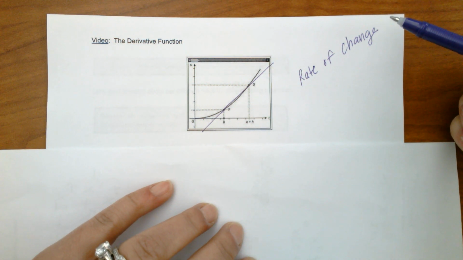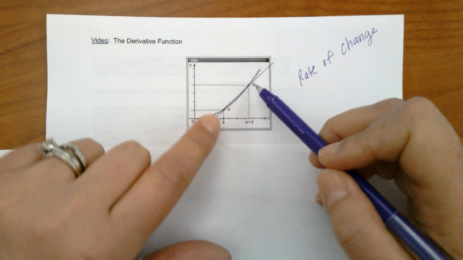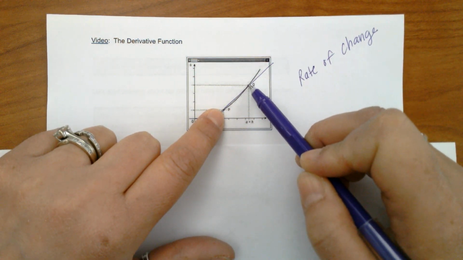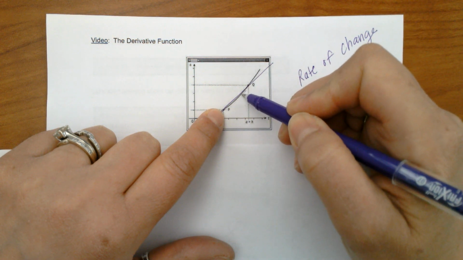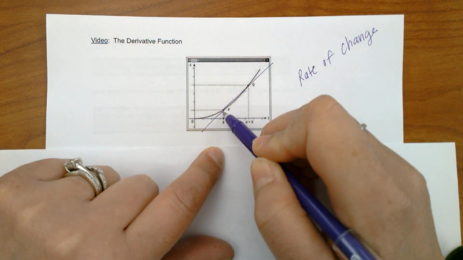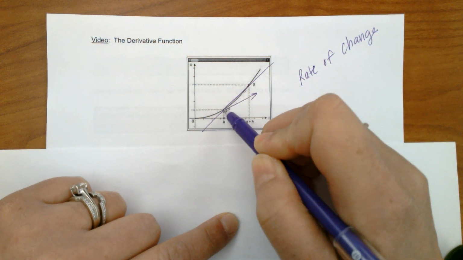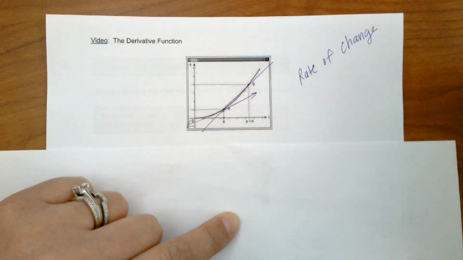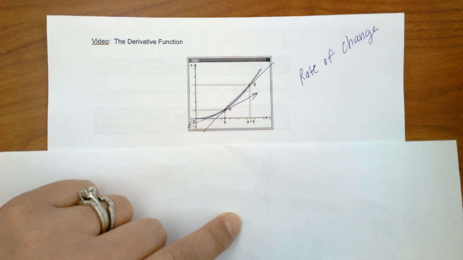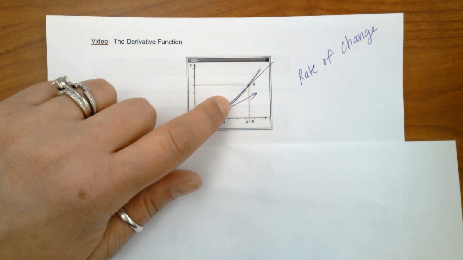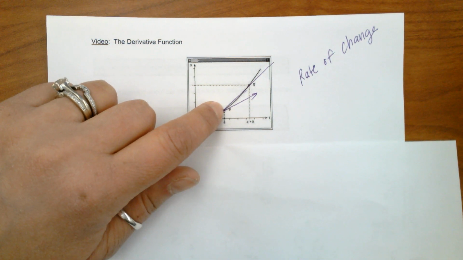And what the derivative is going to help us do is bring this point Q closer and closer and closer to point P, so that we actually get what's called an instantaneous rate of change. So we're actually going to be capturing part of this graph at this point. At this point, what is the rate of change?